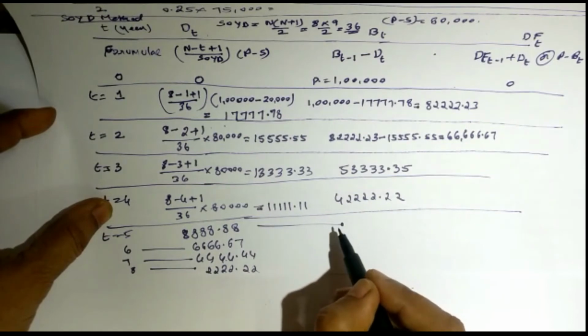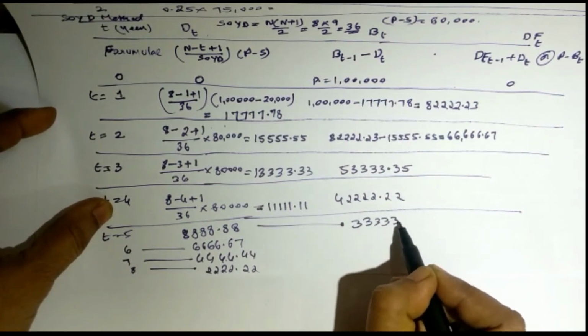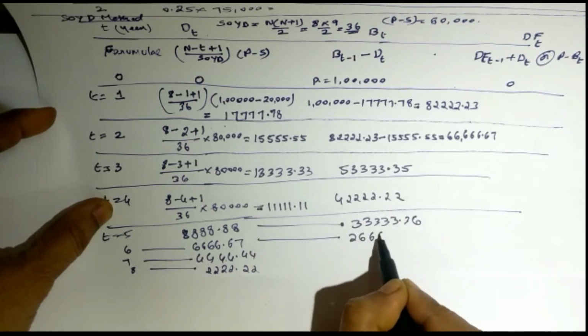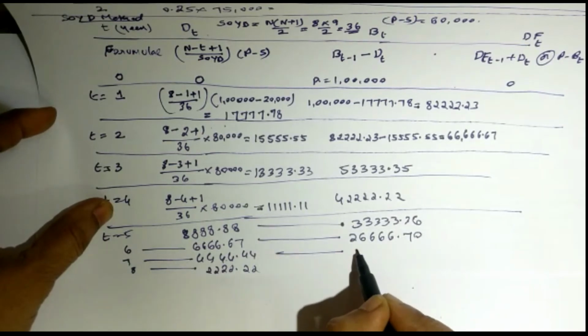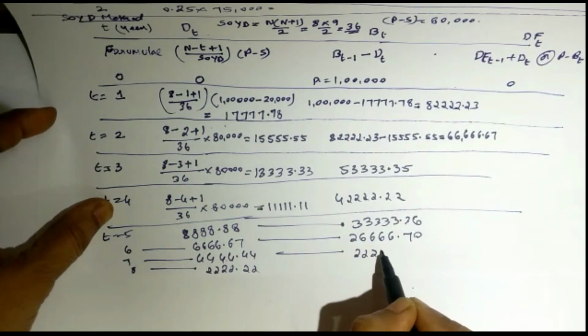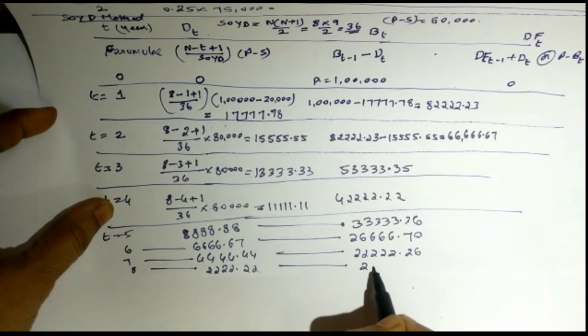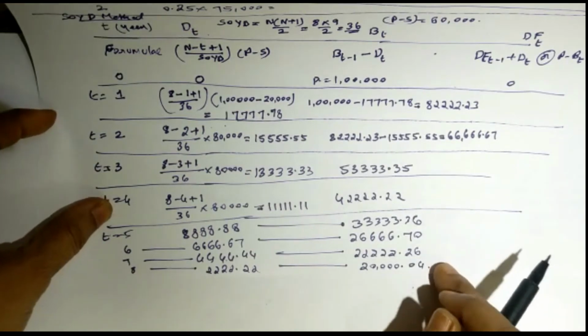Corresponding book values would be 33,333.36, 26,666.70, 22,222.26, and then 20,000, almost similar to salvage value.